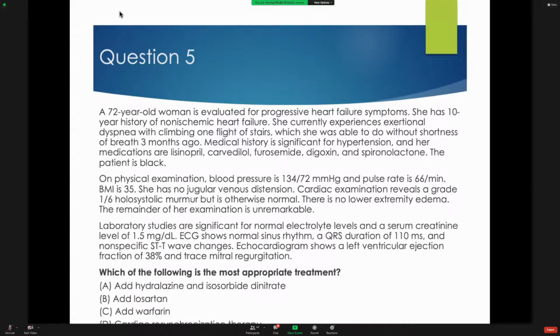ECG shows normal sinus rhythm, a QRS duration of 110 ms, and nonspecific ST wave change. Echocardiogram shows a left ventricular ejection fraction of 38% and trace mitral regurgitation. Which of the following is the most appropriate treatment? Okay, so what do you think?